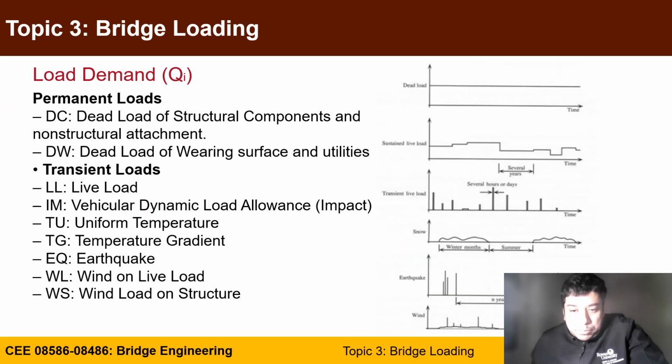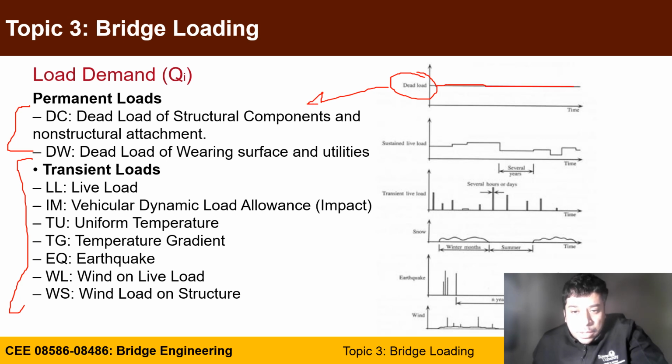Pardon me, my video is shown in the slide covering some of the graphs, but here we are showing again the difference between permanent load and transient loads. So for a permanent load, dead load for example, you will have constant amplitude over time.